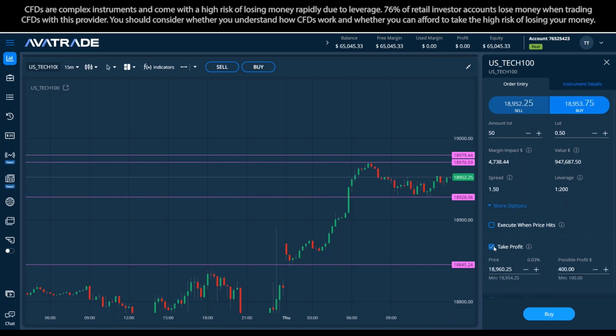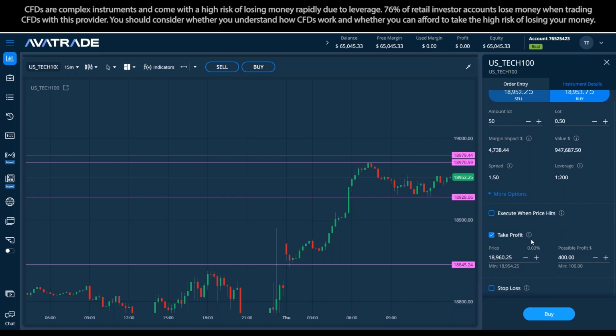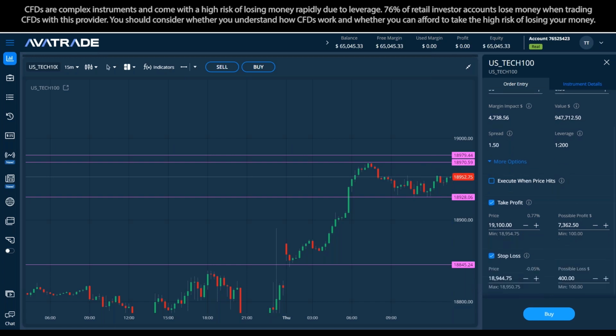So if we wanted to show the risk management on this, we would put take profit. Let's say you're looking at this breaking 19,000 and going towards 19,100, let's say. Your stop loss, if it breaks this resistance, could be back below this resistance. So somewhere down around 18,950.